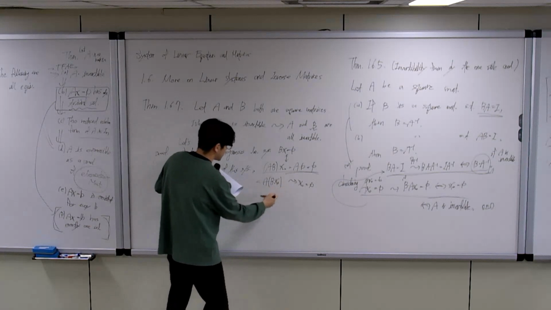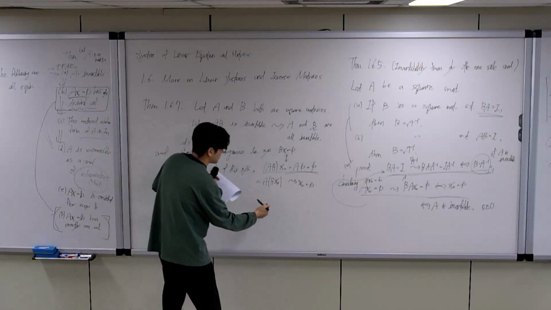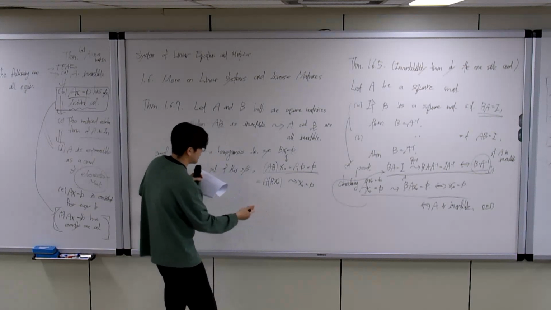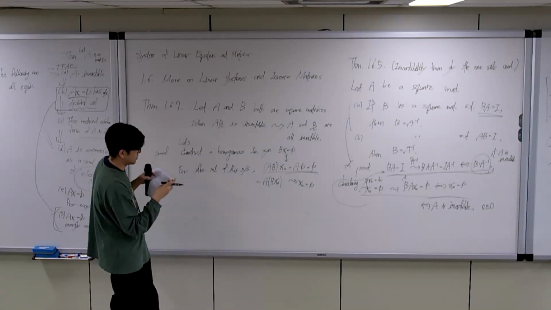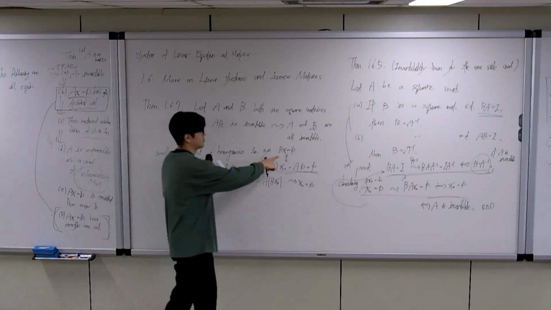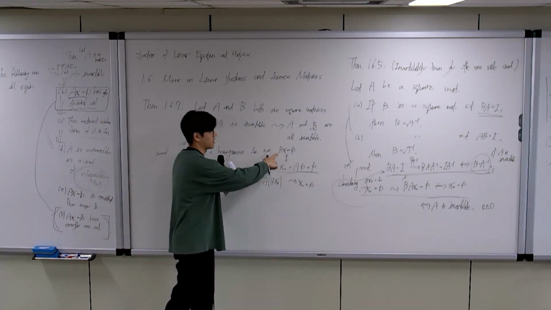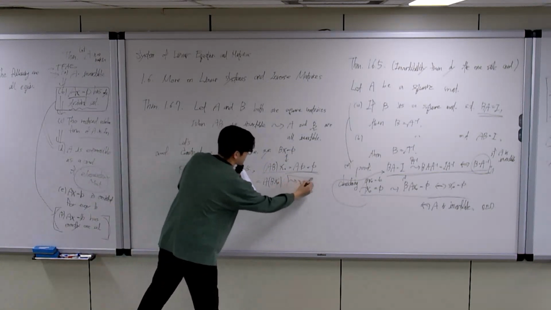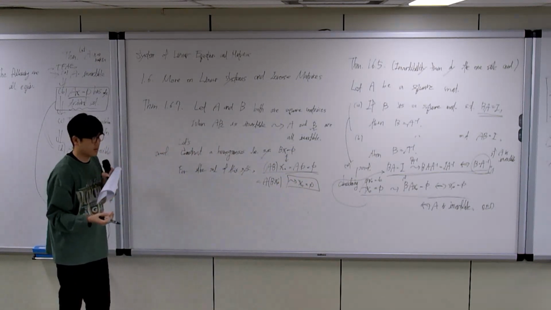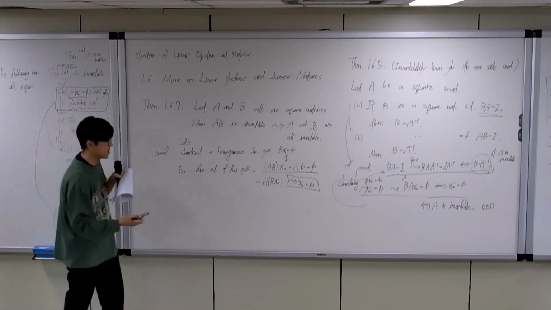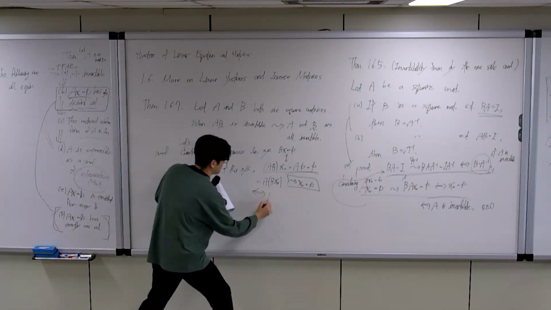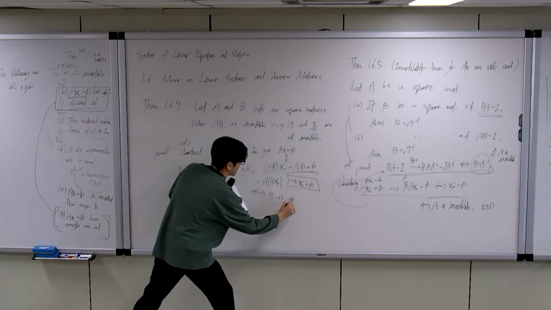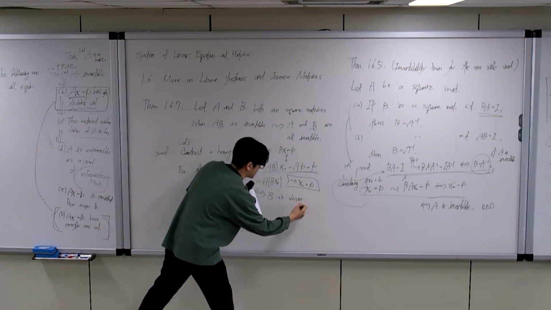And this means we started with the solution of Bx equals 0, and the solution was trivial, it has only the trivial solution. This means B is invertible by the equivalent statement.